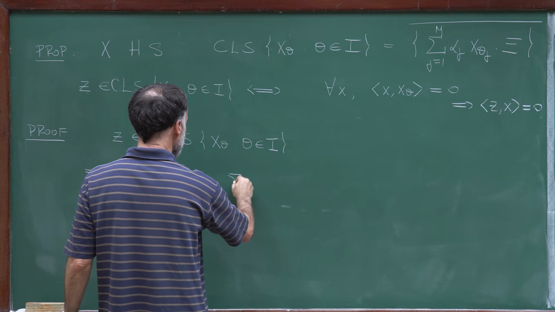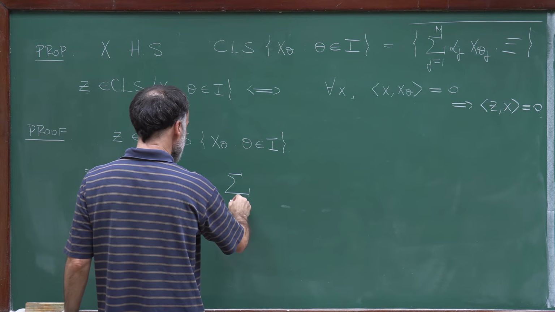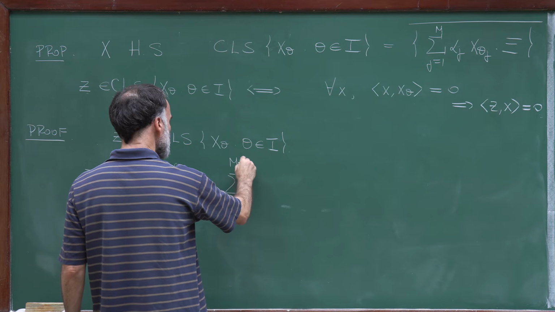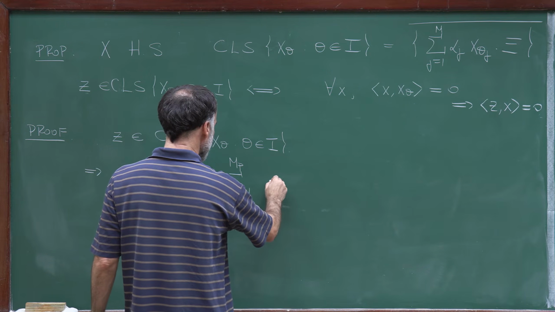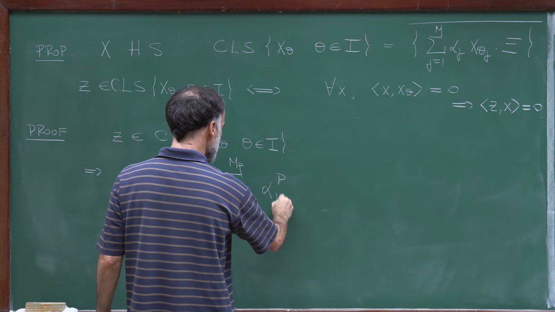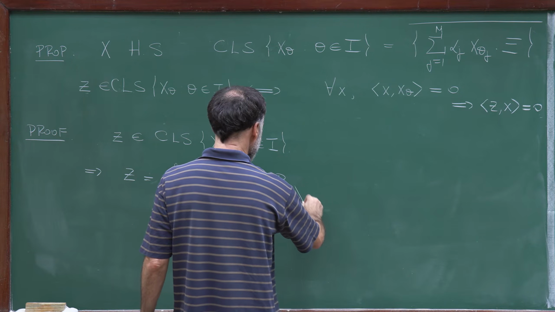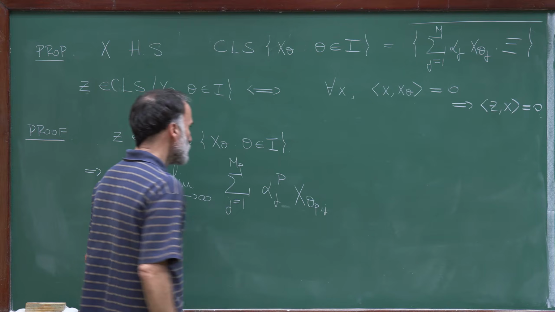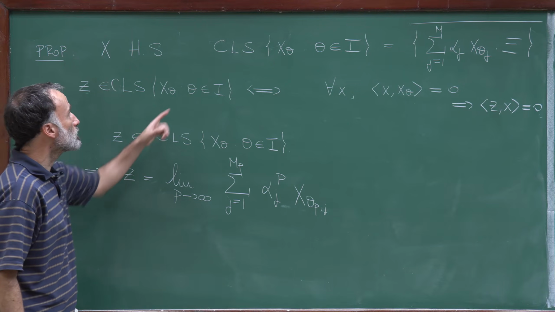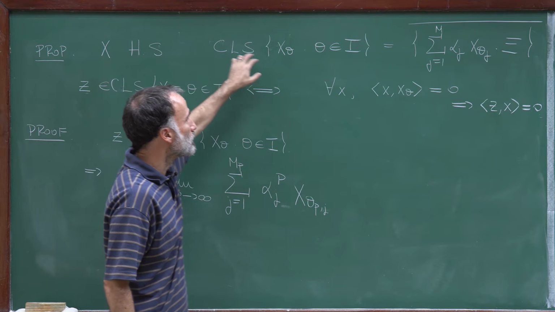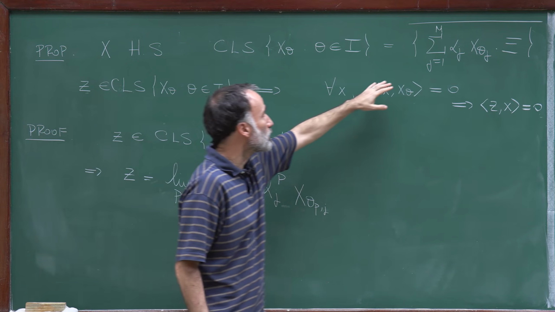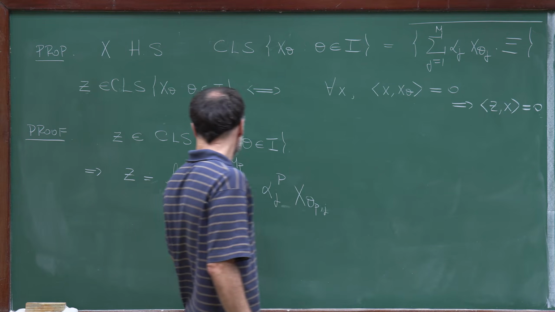So let me write this as a sum from 1 to m_p, which depends on p, of alpha_pj times x_theta_pj. Since the closed linear span is given by this closure, there exists a sequence of elements of this set which converge to Z.